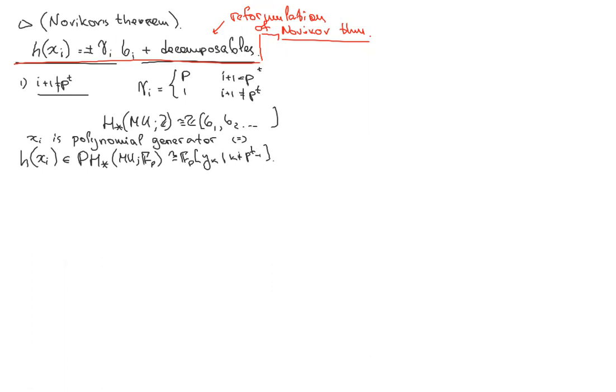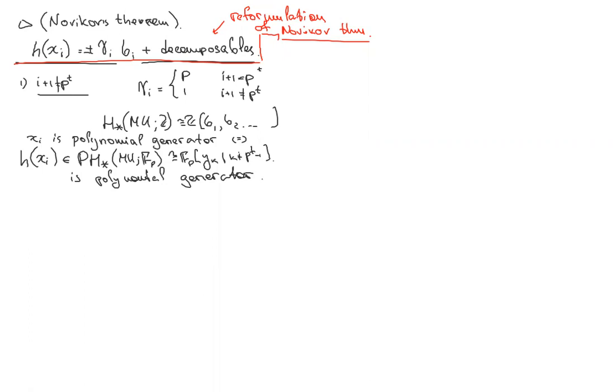Okay, so let's see. Yeah, from here it is clear that if the Hurewicz image is a polynomial generator, then xi is a polynomial generator in the cobordism. Yep, is it clear?